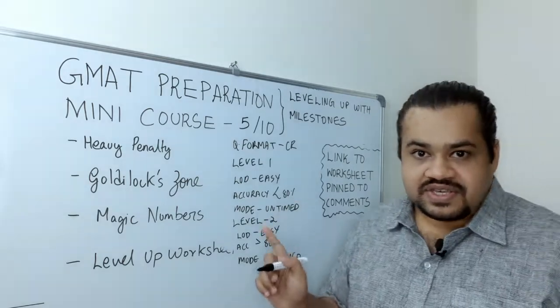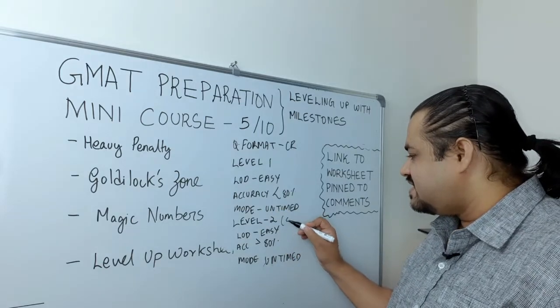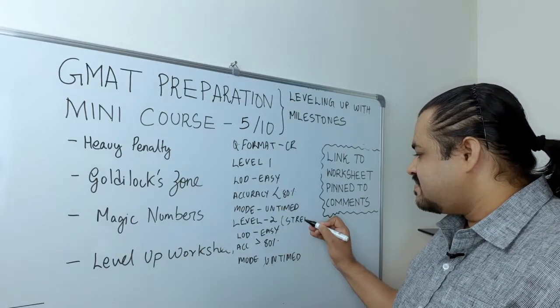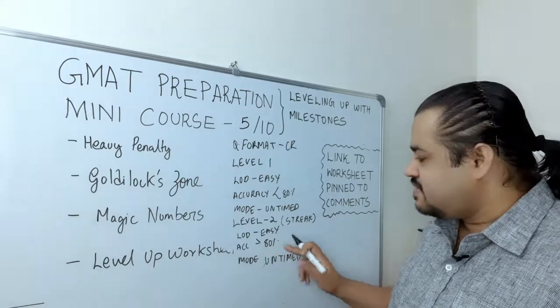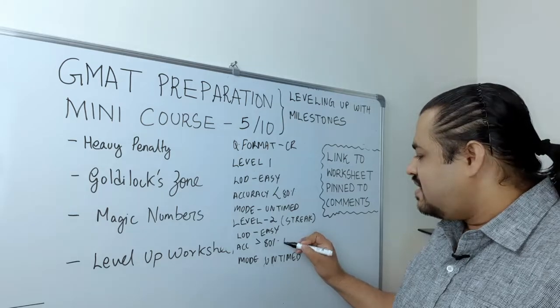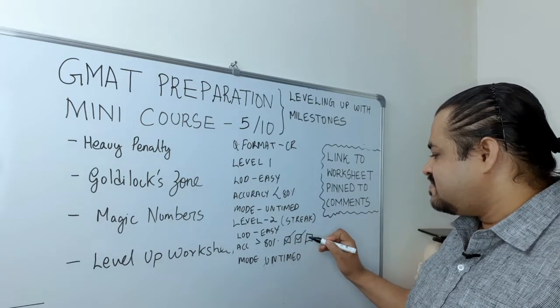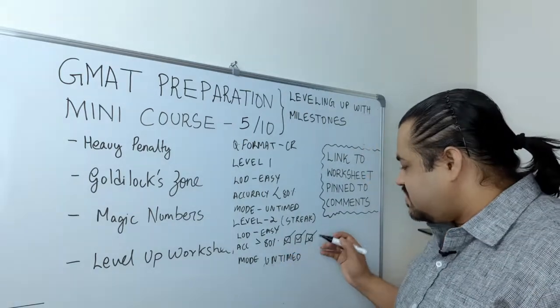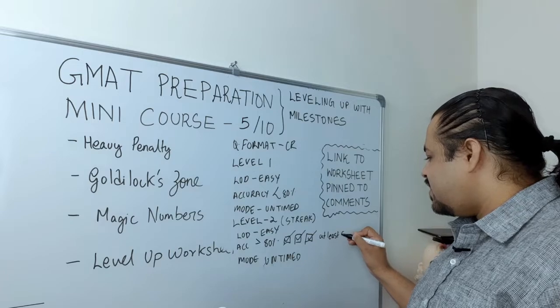Okay. And here at level 2, what is important is you have to maintain a streak. So you have to maintain an accuracy of 80% or more across 3 practice sessions. Okay. And each of these practice sessions should have at least 5 questions.